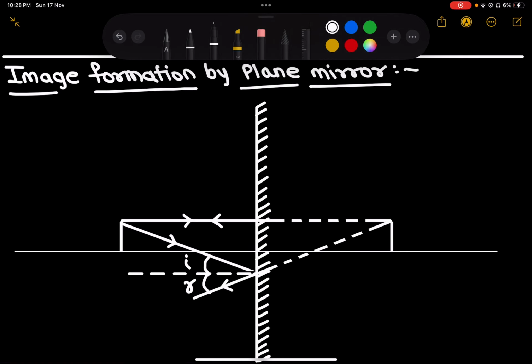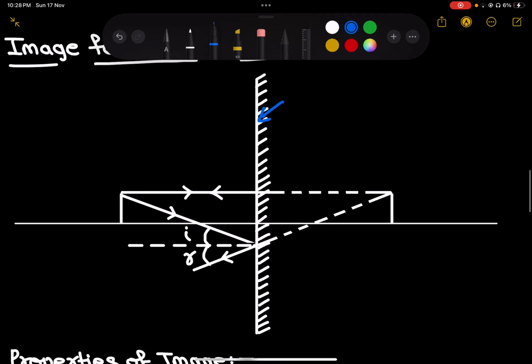Nothing new here. So we have a plane mirror here. As you can see, this is our plane mirror. And now suppose an object is placed here. Like this is an object.